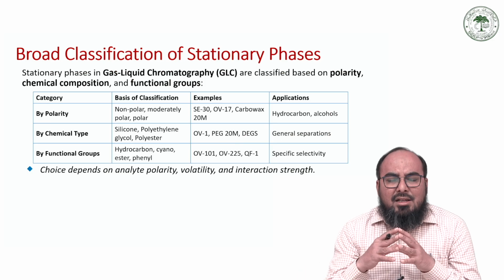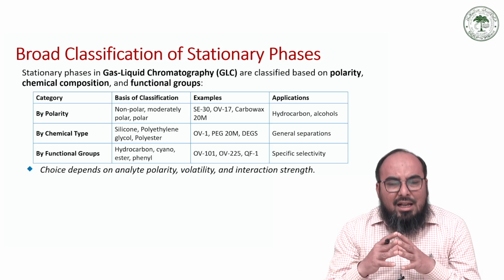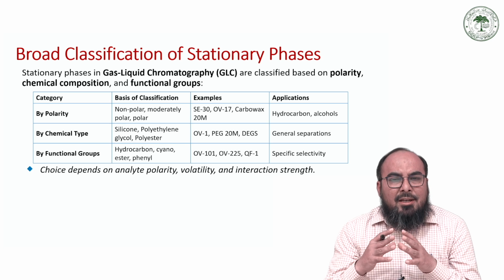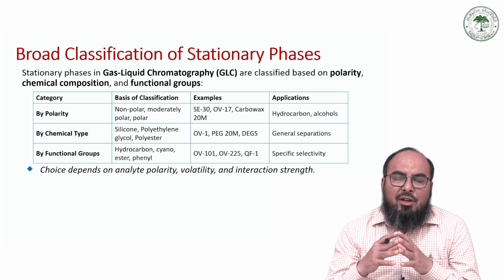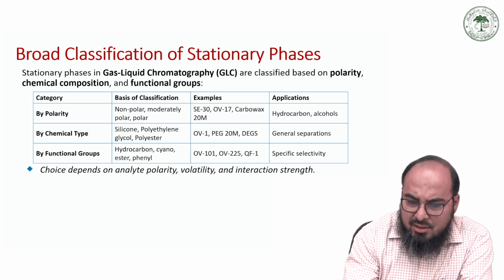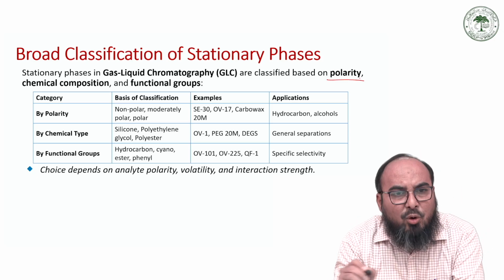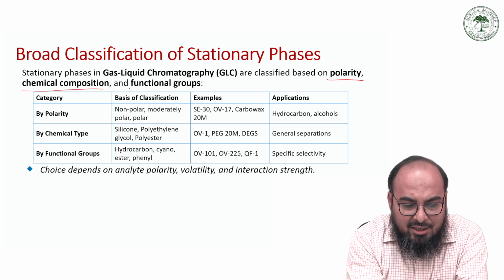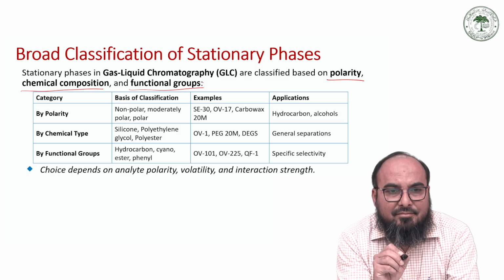Similarly, let us have a broad classification of stationary phases in GLC, that is, gas chromatography. We have summarized this table in terms of polarity, chemical composition, and functional group.